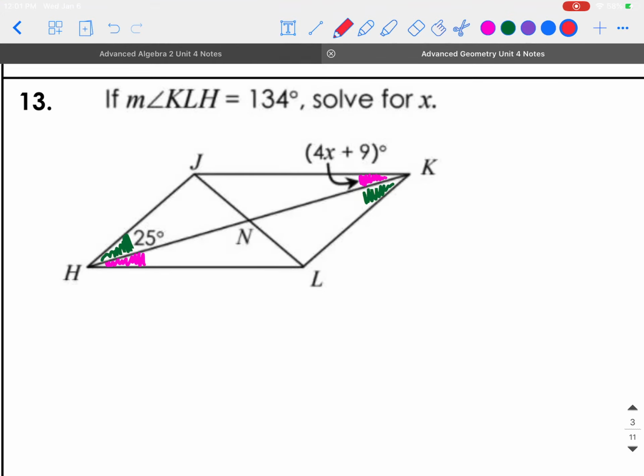It also tells me that KLH is 134. And so that helps me because I can find that entire angle by taking 180 minus 134. And we get 46.